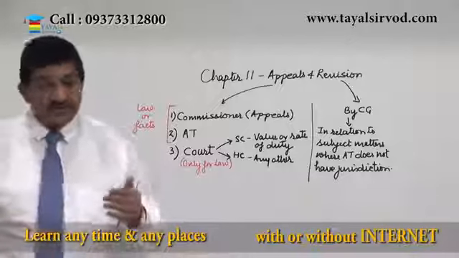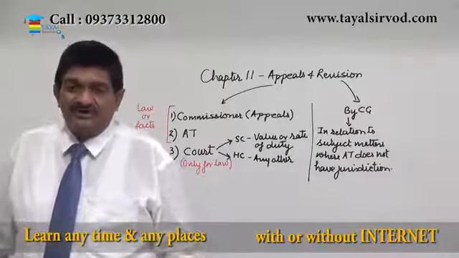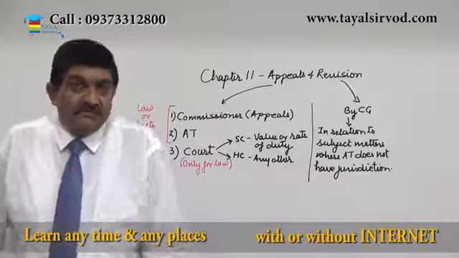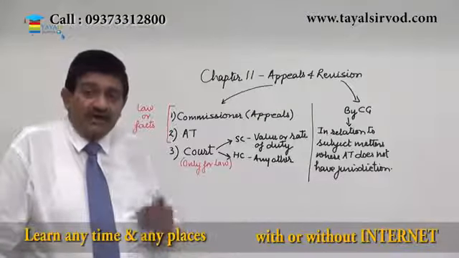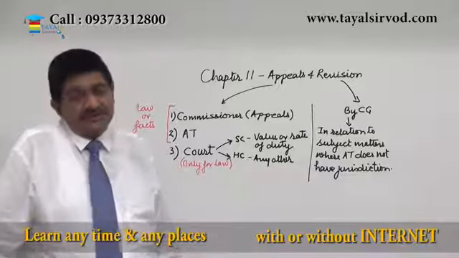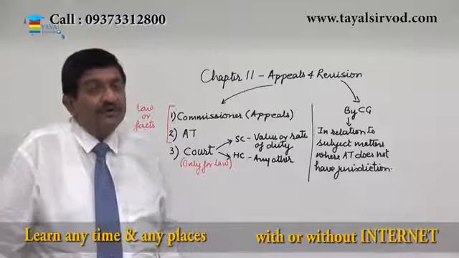There are other cases where the appellate tribunal has a discretion of accepting or rejecting, right? But there are few cases where the appellate tribunal does not have jurisdiction at all. In those cases, application can be filed before the central government for revision.